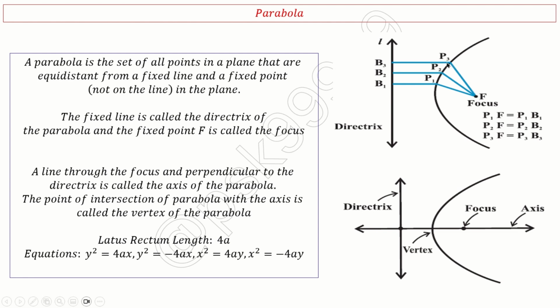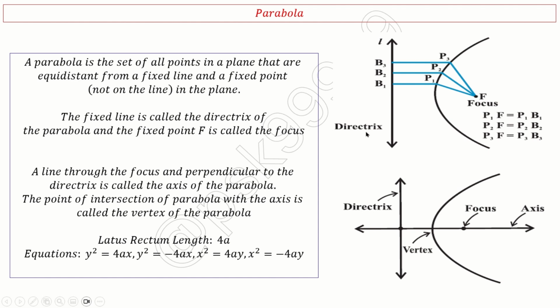Every point on it is equidistant, meaning P3F is equal to P3B3, P2F is equal to P2B2, P1F is equal to P1B1. So this is the definition of a parabola: the set of all points in a plane which are equidistant from a fixed point and a fixed line.